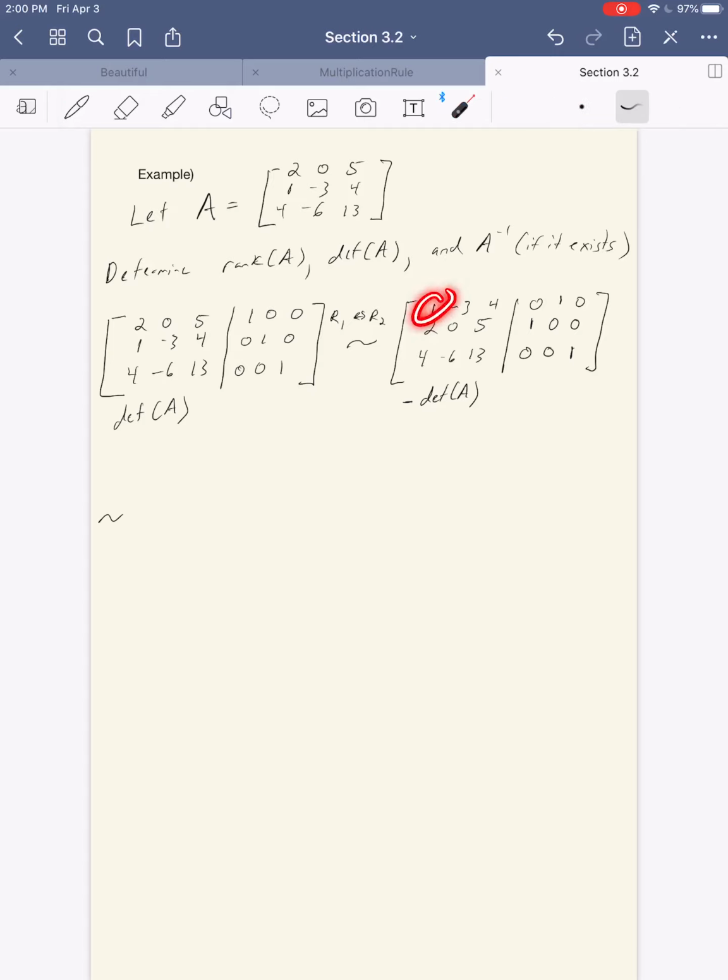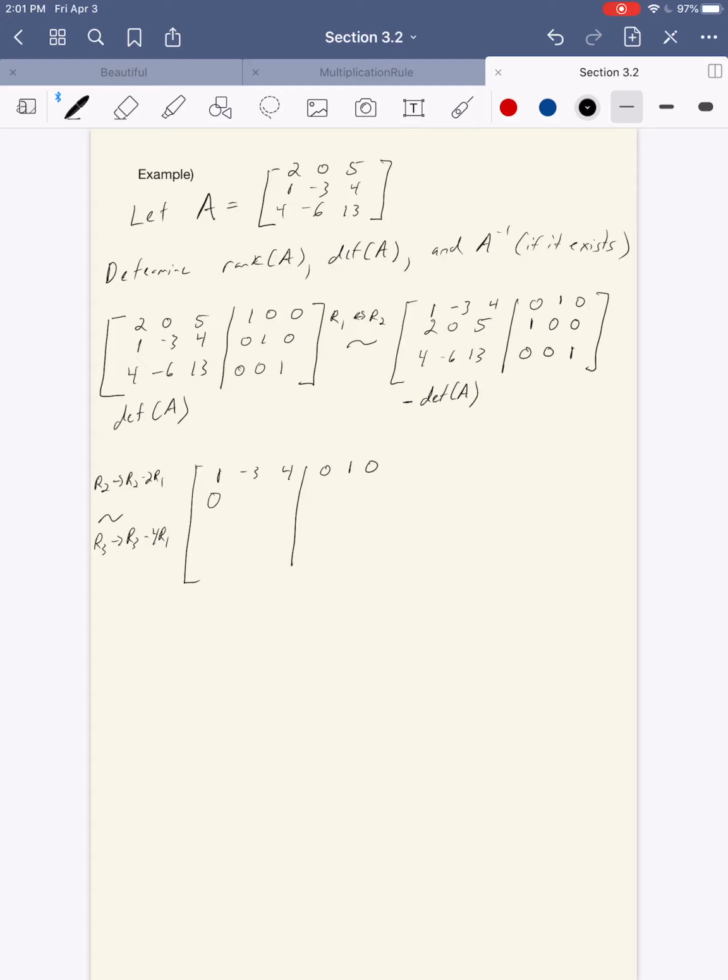Now that we have this nice 1 here, we can clear out the stuff below it. So let's replace row 2 with row 2 minus 2 row 1, and row 3 with row 3 minus 4 row 1. Upon doing that, we should have 1, negative 3, 4, and 0, 1, 0. Nothing changes there.